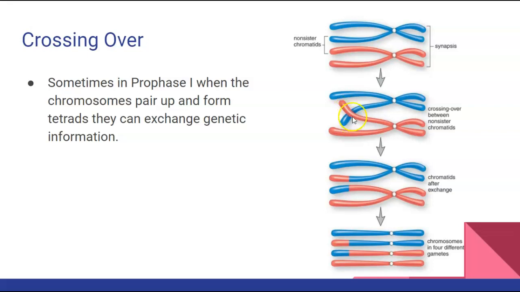So what happens is, like you can see in the second image, the red and the blue are twisting up, and they'll just twist right off and connect to the other one. And so now you have a little bit of dad's information on mom's chromosome and a little bit of mom's information on dad's chromosome, and it gives you just a new twist on the chromosomes that you had, which leads to more genetic variation, which is always what you want.